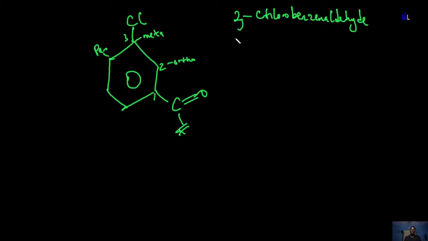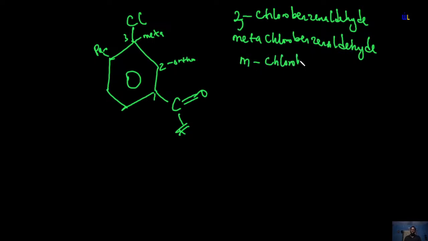The other name we can call it is meta-chlorobenzaldehyde. And then finally, do you know why it's meta? It's the adjacent carbon to the adjacent carbon to the main one. So basically that's going to be m-chlorobenzaldehyde.